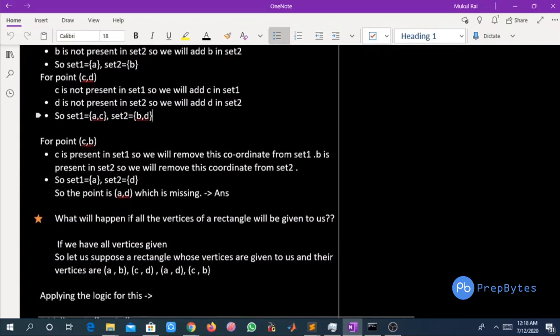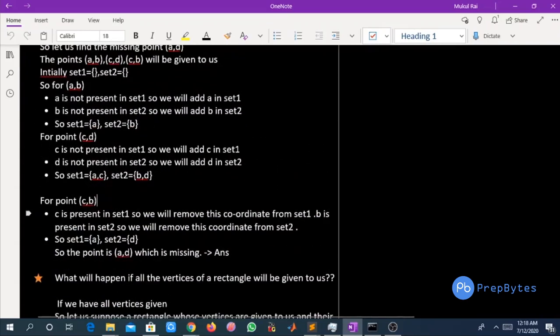For the third input, c comma b, we see that c is present in our set 1 after processing the two inputs. So we will remove c from set 1, and b is also present in set 2, so we will remove b from set 2.